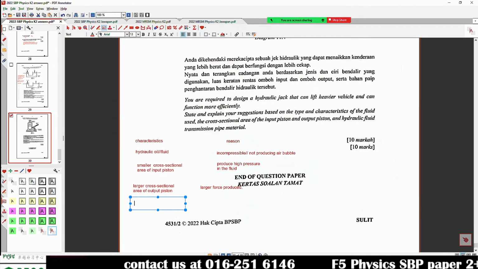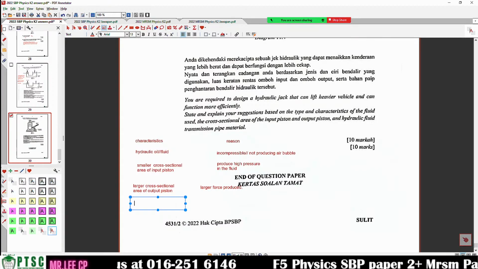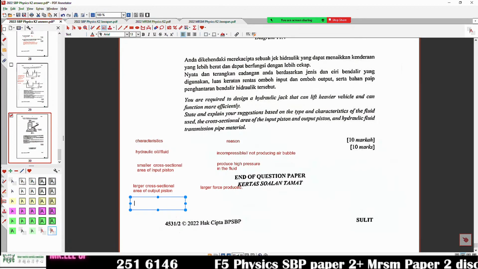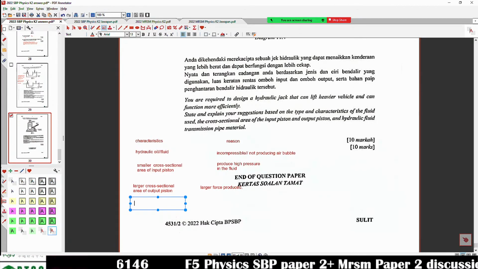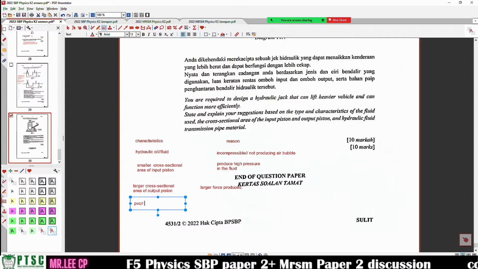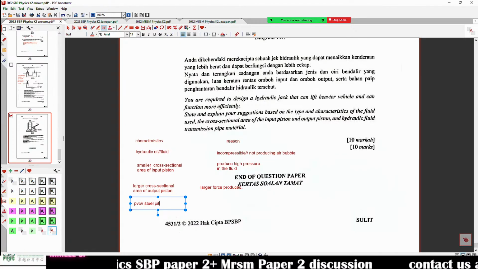This year if you use strong, they will mark you wrong. You cannot use strong already. Previous year okay, but this year cannot, so you must write precisely. PVC or steel will be okay.